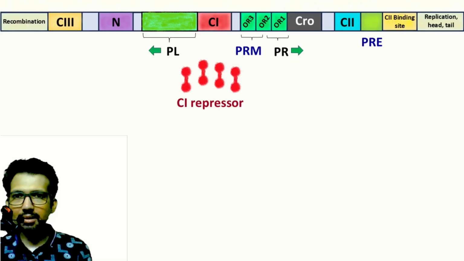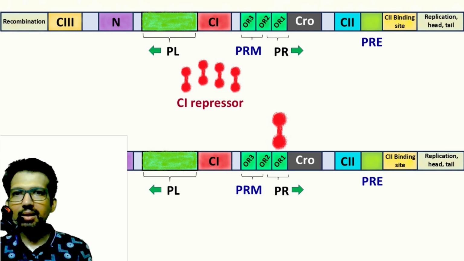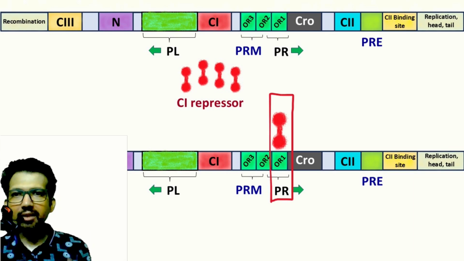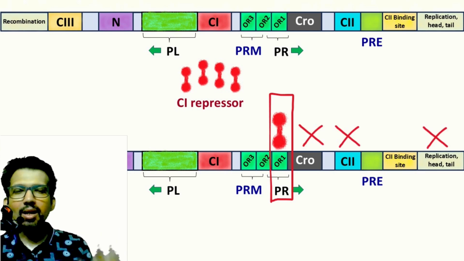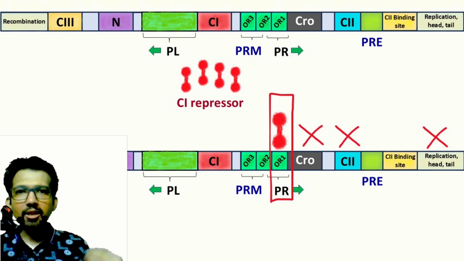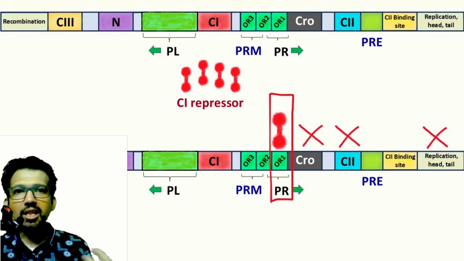The CI repressor binds OR1 and inhibits the promoter PR. This binding will eventually inhibit formation of CRO, C2 and genes for the lytic cycle. As the genes for the lytic cycle cannot be transcribed, the phage genome finally undergoes the lysogenic cycle.